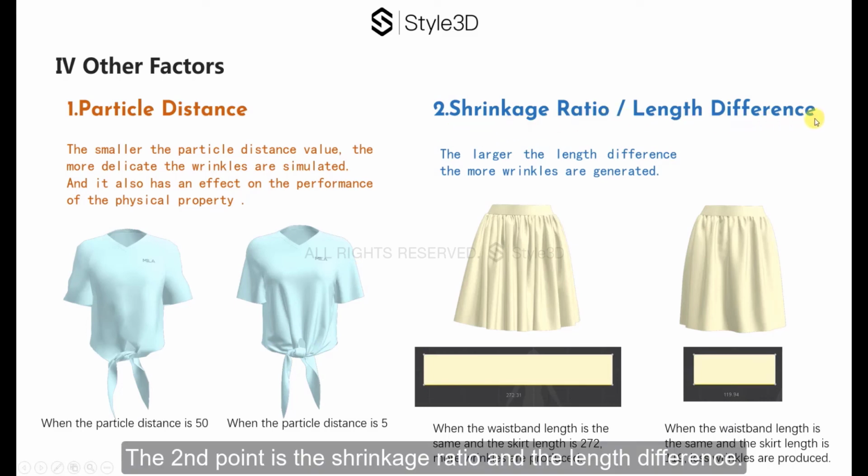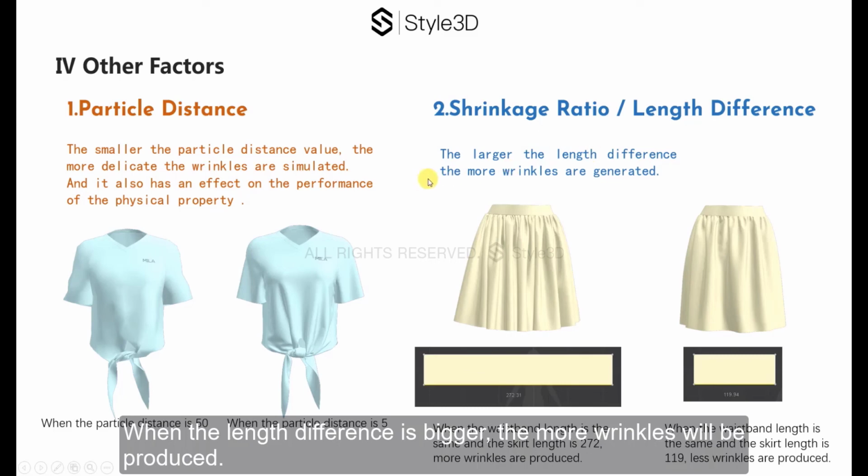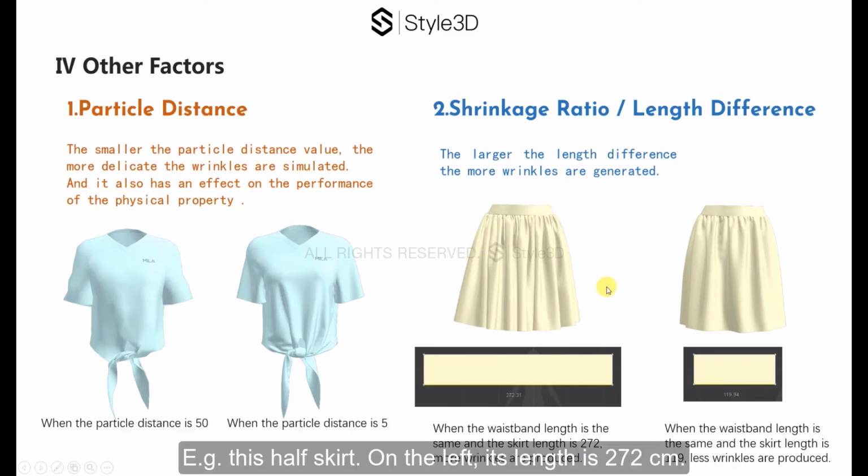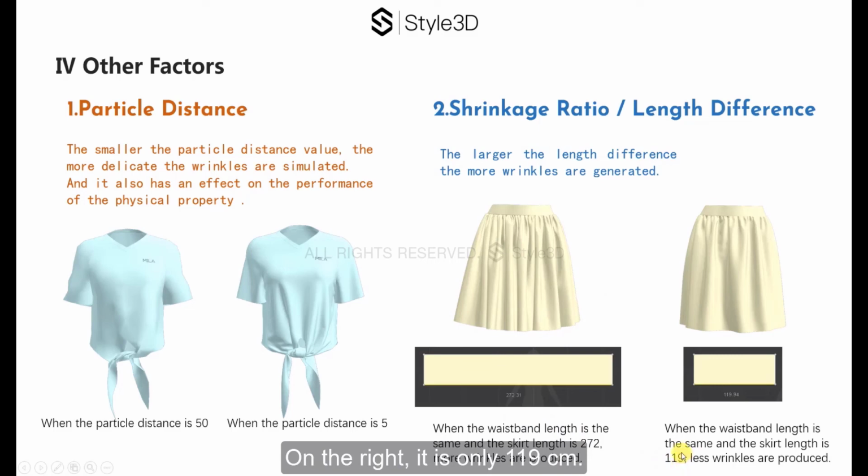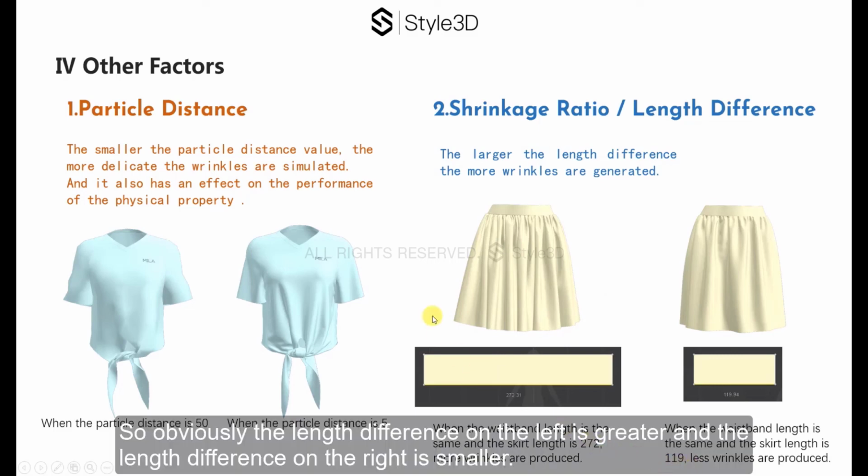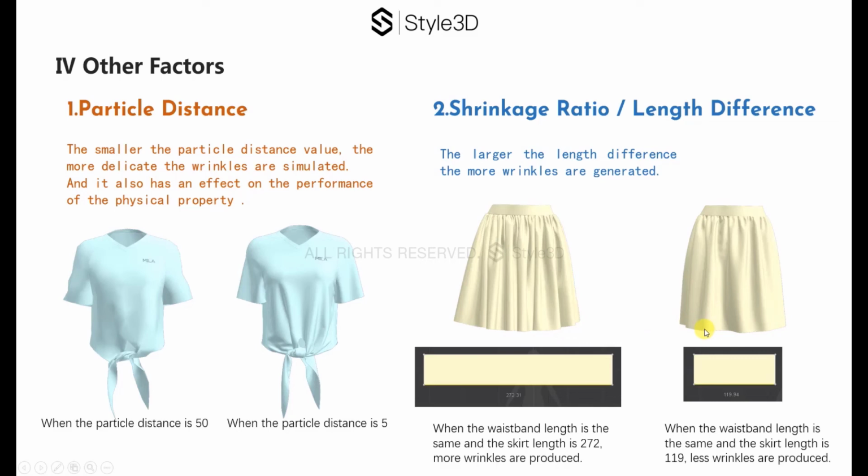The second point is the shrinkage ratio and the length difference. When the length difference is bigger, the more wrinkles will be produced. For example, this half skirt on the left, its length is 272 centimeters. On the right it is only 119 centimeters. So, obviously, the length difference on the left is greater, and the length difference on the right is smaller.